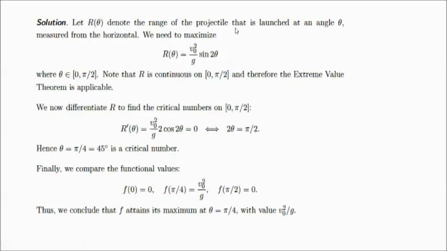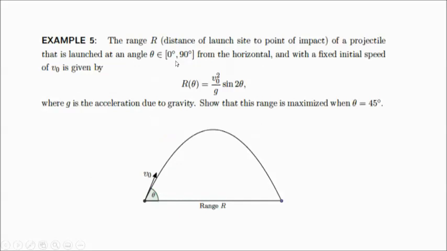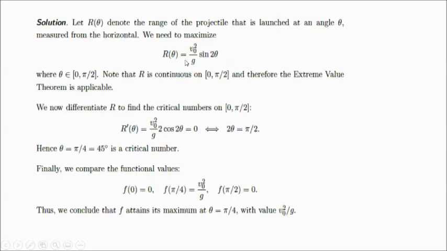Okay. Since R, the range, is continuous in terms of theta, class, on the interval from 0 to 90 degrees, this was just converted to radians, class. Right, 180 degrees, class, is pi.